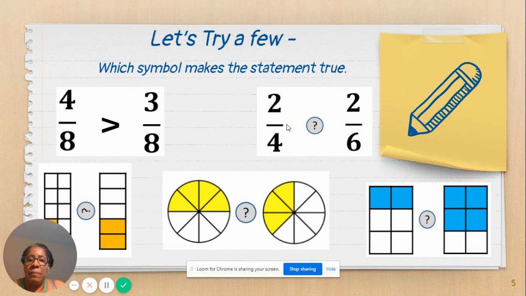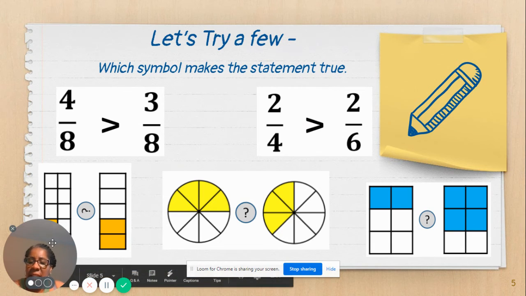The second one, we have 2/4 and 2/6. The numerators are the same, okay? The denominators are, however, different. Again, remember, when we are paying attention to the denominators, the larger the denominator, the smaller the size of the fraction, which means 2/4 is indeed greater than 2/6.